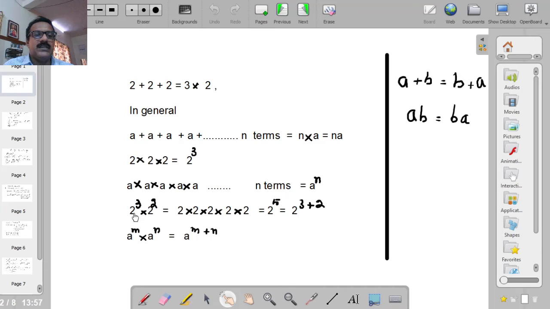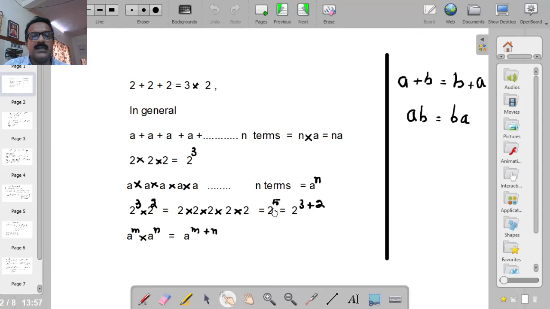Now we will see 2 raised to 3 times 2 squared, or 2 raised to 3 into 2 raised to 2. 2 raised to 3 is 2 into 2 into 2, and 2 squared is 2 into 2. Here 2 is multiplied 5 times, so 5 2's multiplied together give 2 raised to 5.